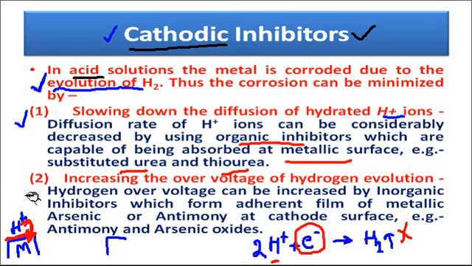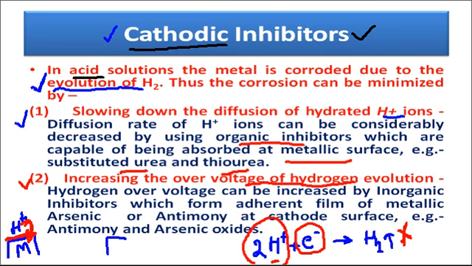Now, the second aspect: how we can minimize the evolution of hydrogen, or the cathodic reaction, in acidic medium. We can increase the over voltage of hydrogen evolution. That means the H plus ion may reach the metallic surface, but this reaction cannot take place due to the increased over voltage of the H plus ion.